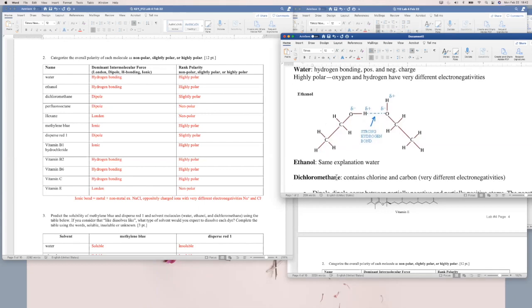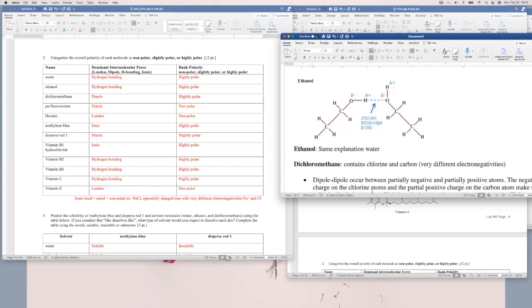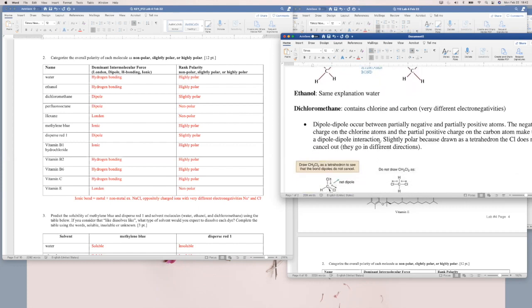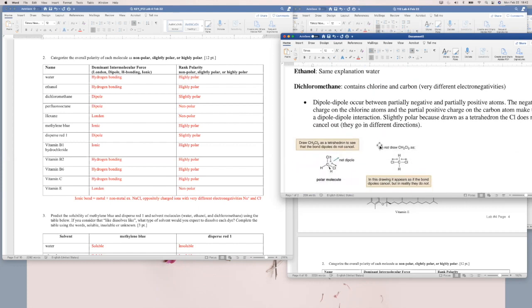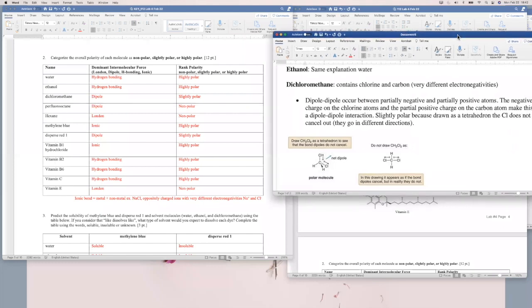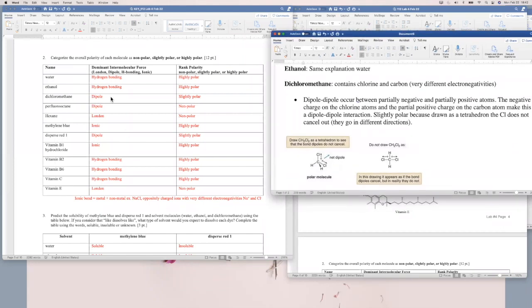Okay, so dichloromethane, do I have a picture of it? Yeah, I do. Dichloromethane looks like this. It's just a carbon with 2 chlorines and 2 hydrogens bonded to it. Those are going to have very different electronegativities, the chlorine and the carbon, and it's going to be something called a dipole, or a dipole intermolecular force.